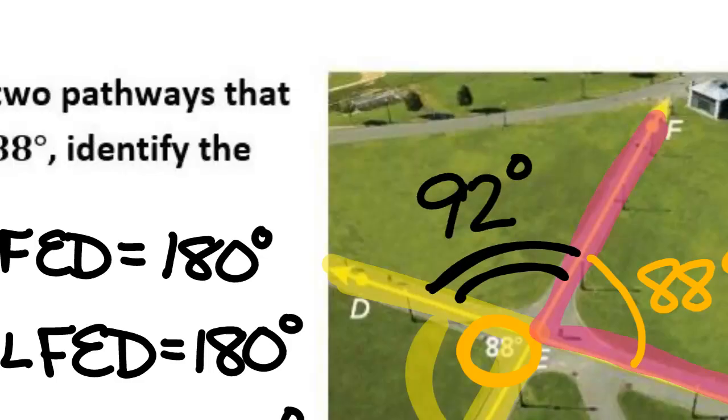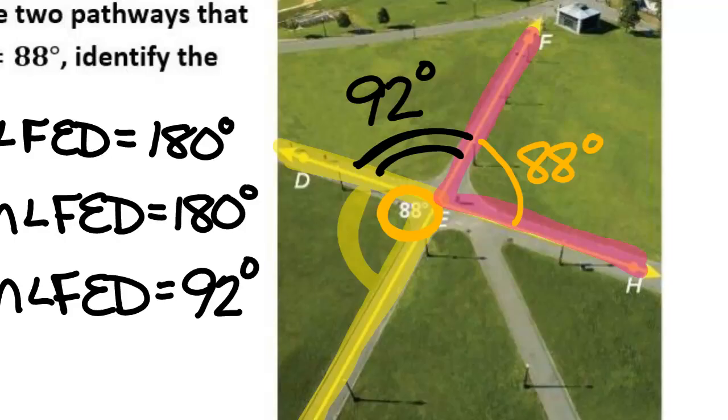is 92 degrees. What other angle in the picture would also have to be 92 degrees? GEH. This one down here is a vertical angle to angle FED up here. All right, let's see if there's any true statements about my 92 degree angles.